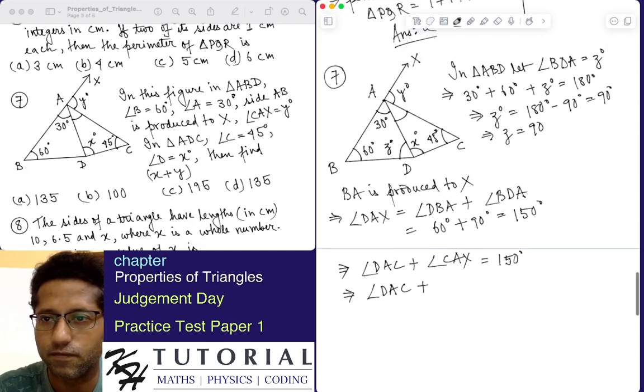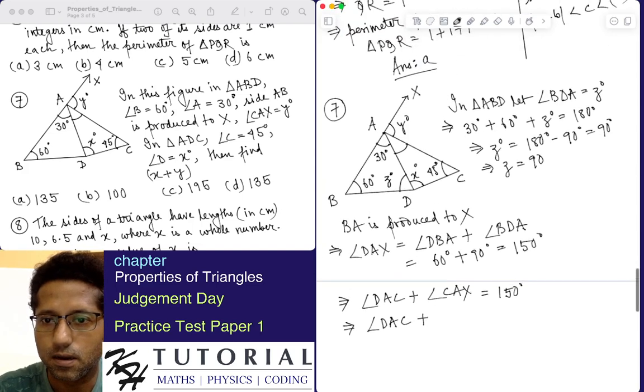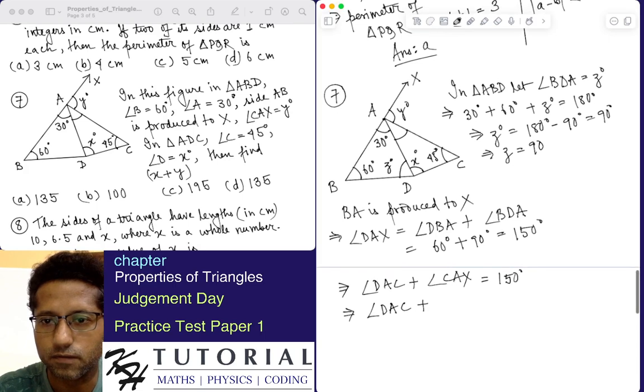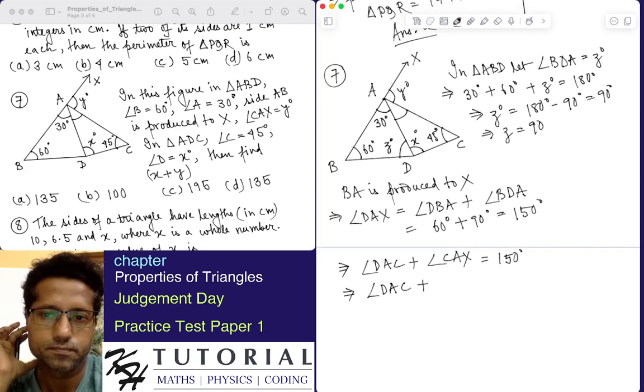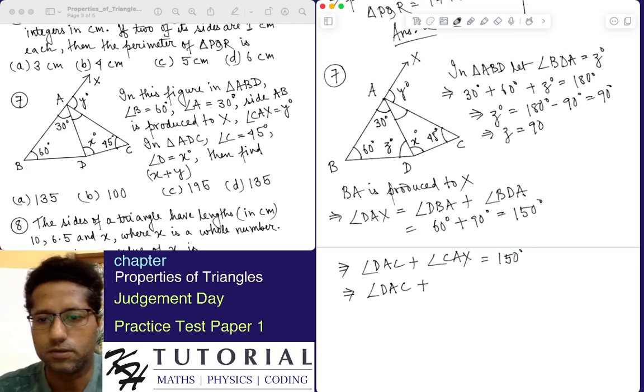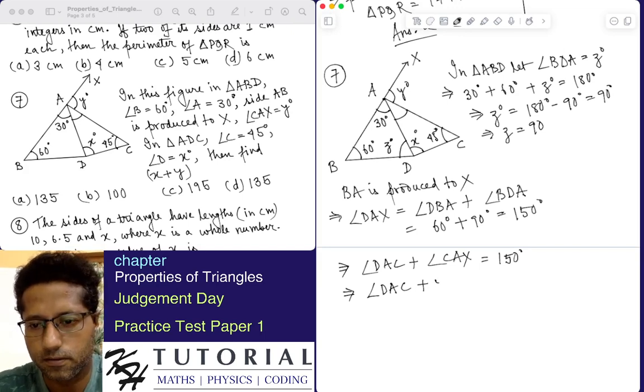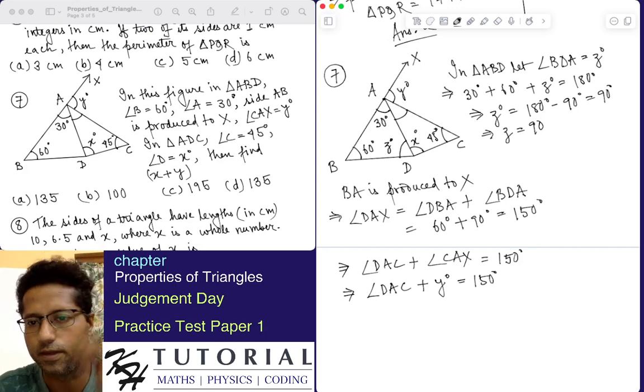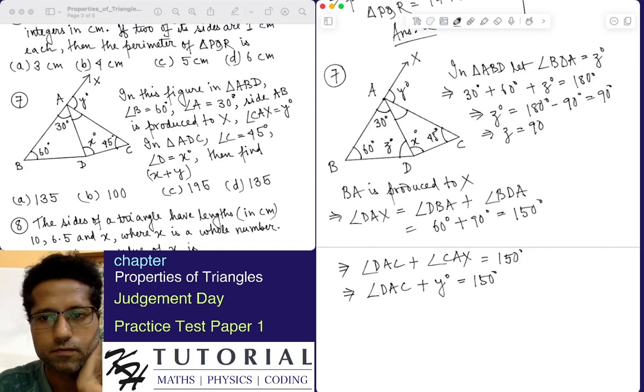Angle CAX is not given. Angle CAX is actually Y. We have to find X plus Y. So we need DAC.